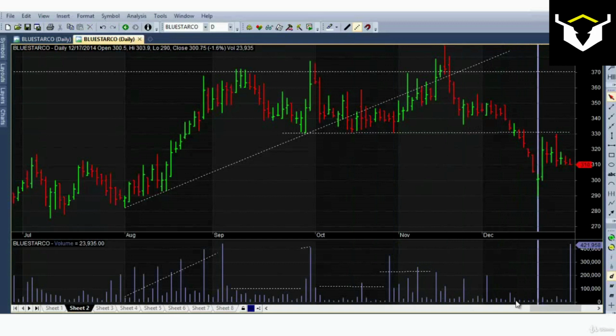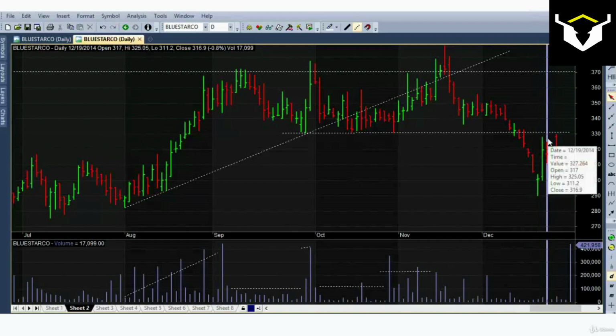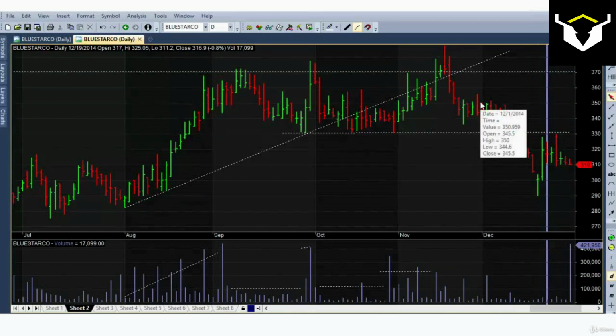Although the break through the neckline is not at higher volumes, the retracement back to the neckline is not at higher volume either, suggesting that prices are not interested in going upside. Maybe prices don't want to go downside right now, but they are not interested in going upside either. So the price and volume interpretation of a triple top is similar to the price and volume interpretation of the head and shoulder pattern.